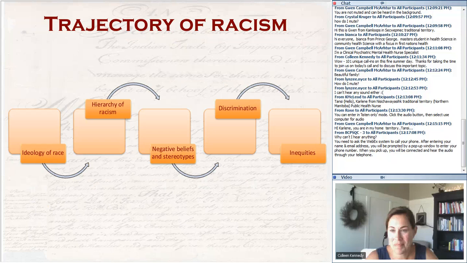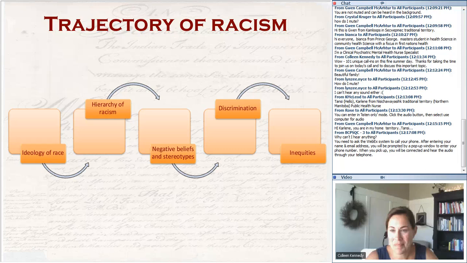Most people, most societies, at least colonized societies, believe that. Because in some countries most people have the same sort of phenotype, so there hasn't been as much racism, although across the globe now we have this construct of race, right? And so first it starts with the belief that race exists.